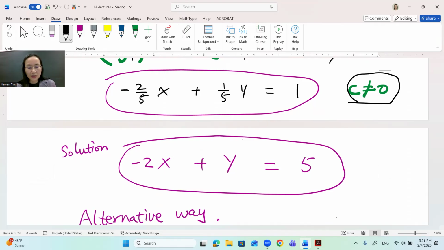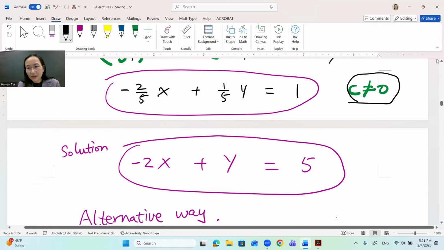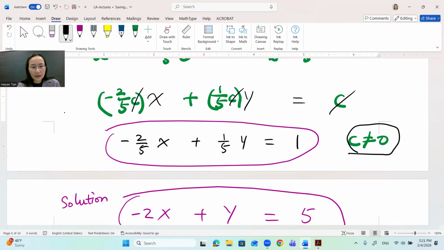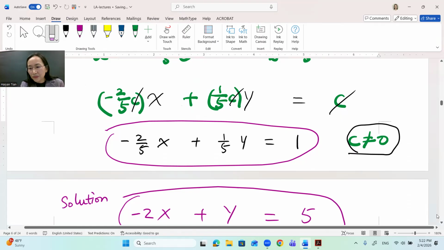Because if C is 0, what happens? If C is 0, then that is not a straight line equation, right? It is just 0 on the left side, 0 on the right-hand side. Then, yeah, that's not a straight line equation. So C has to be non-zero.